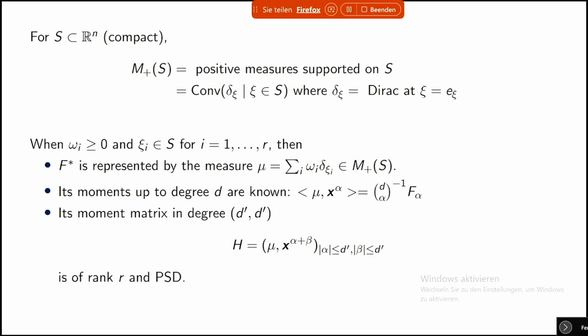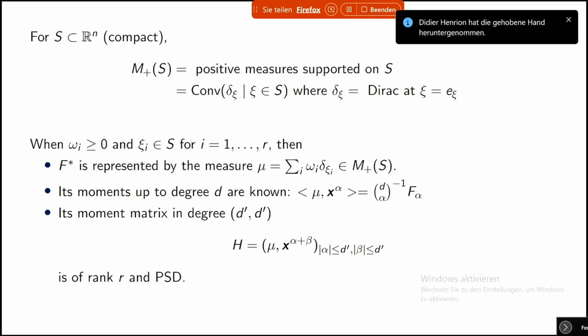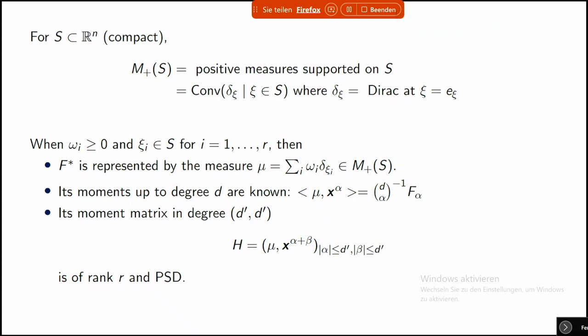I didn't understand exactly the question. The question of Didier is, here you say the XCI are in S, but in your SDP formulation, this doesn't appear. Yeah, maybe in the next step. This could be a next step if we are going to use the Vandermonde decomposition, right?